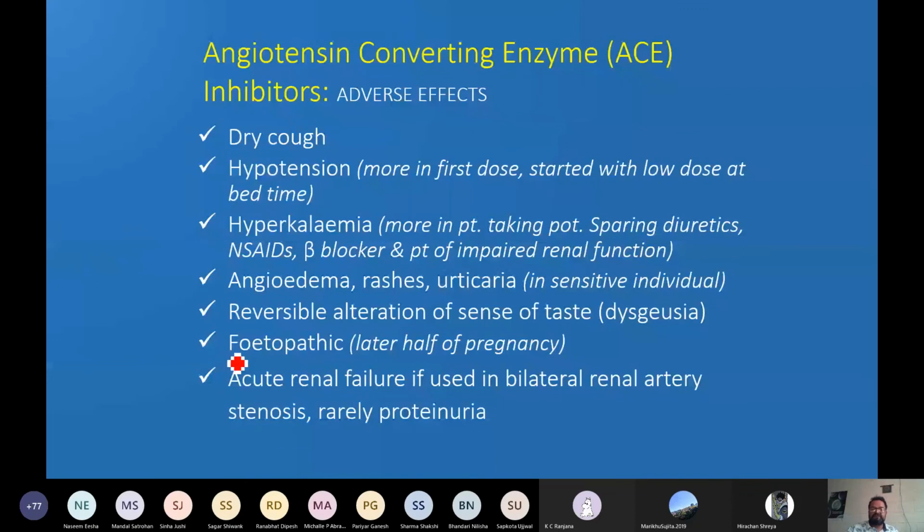Okay, acute renal failure if used in bilateral renal artery stenosis, and rarely proteinuria. So what this means is you can use it in renal failure, since I told you that this has some properties of protection of the kidneys and glomerular apparatus, but you should make sure that the stenosis is not bilateral.